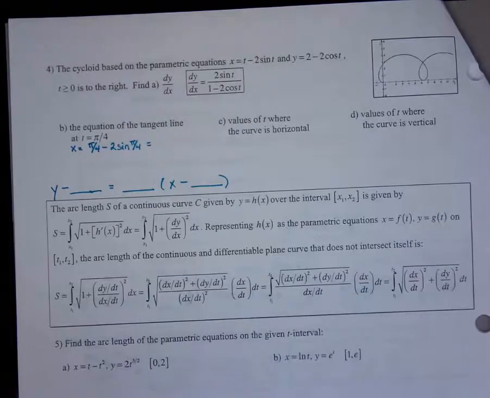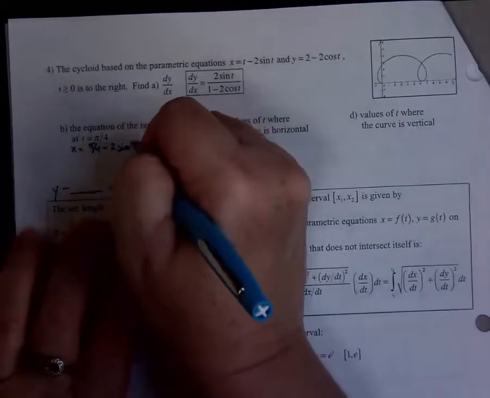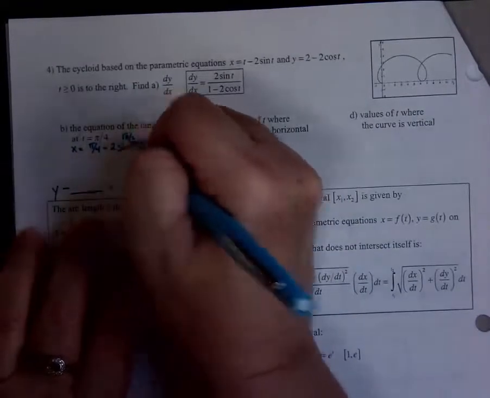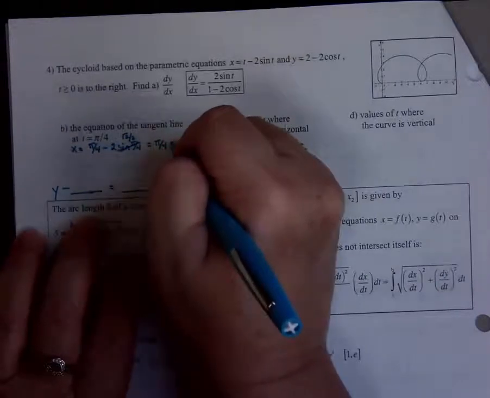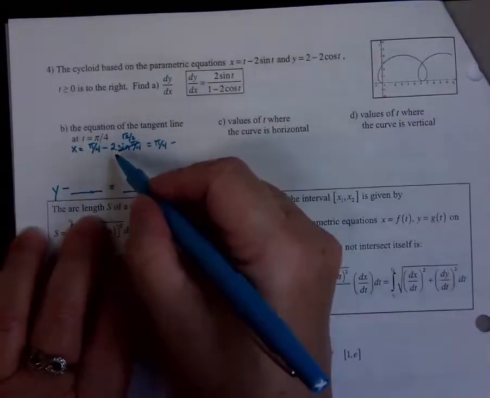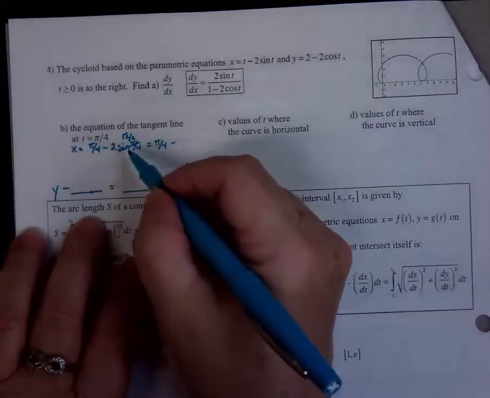So what is the sine of pi over 4? Square root of 2 over 2. So I'm going to go ahead and save myself some paper, and I'm going to write it up here, square root of 2 over 2. So pi over 4 stays pi over 4, minus, how does 2 square root of 2 over 2 reduce?